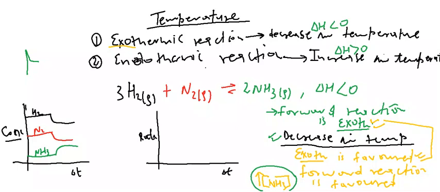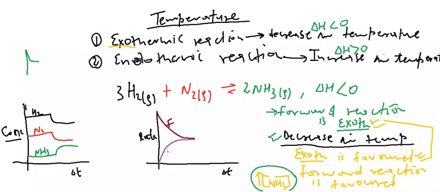Now let's talk about the rate. What will happen to the rate? Let's say we have this line, then we reach the equilibrium. Then we have another line. This one is forward reaction.